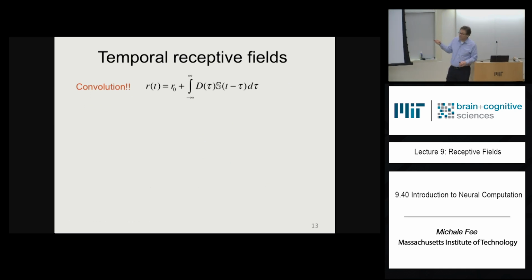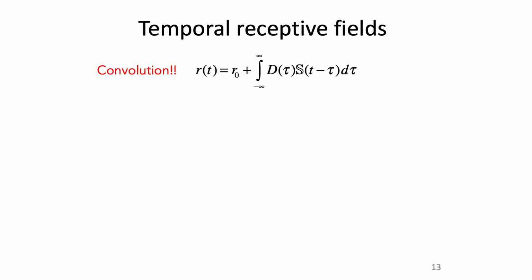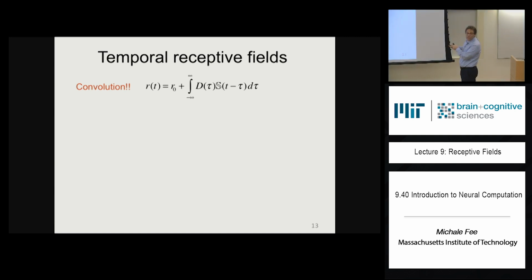So mathematically, what we're doing is we're taking this linear kernel, this linear filter, sliding it over the stimulus using this variable t, and we're integrating over this variable tau. So we have a kernel, d, multiplied by the stimulus at different time shifts.